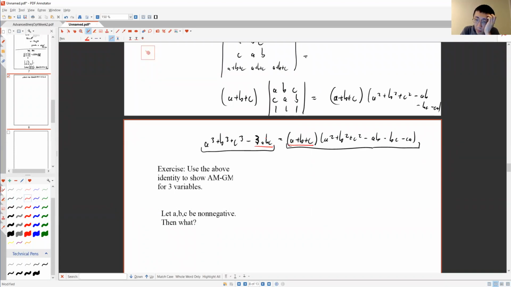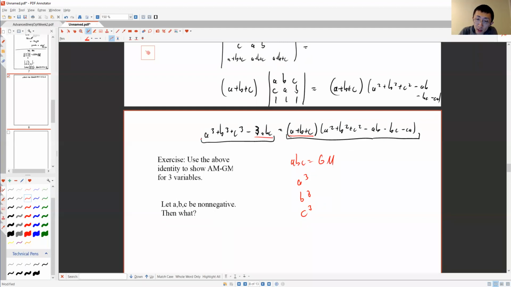That's true. But if this is the geometric mean, then what should the individual terms be? If ABC is the GM, what should the AM be? Yes, so that means the individual variables were A cubed, B cubed, and C cubed.